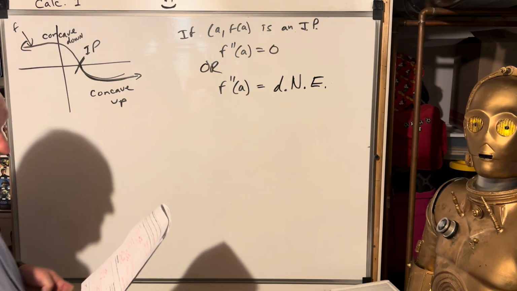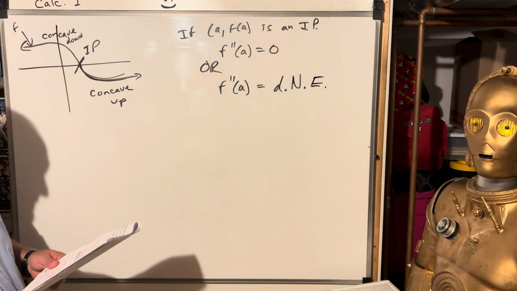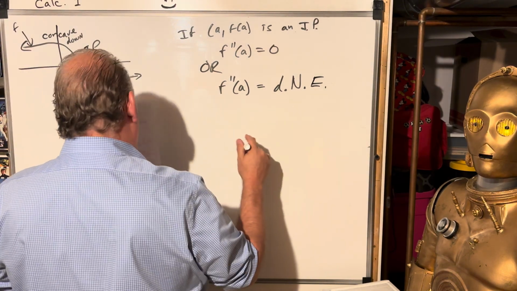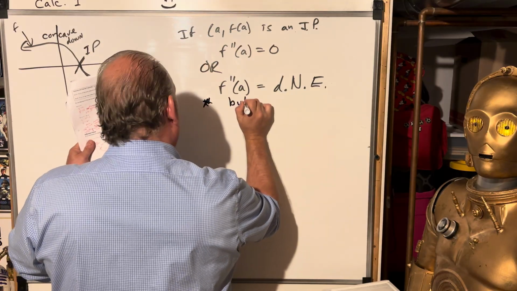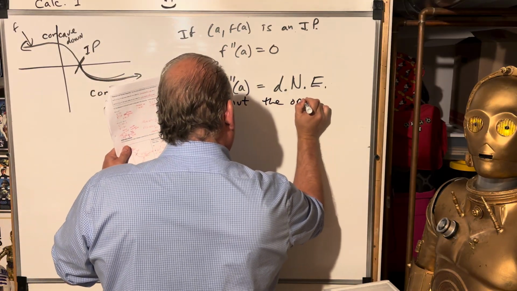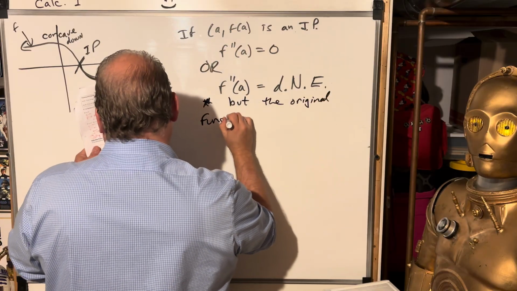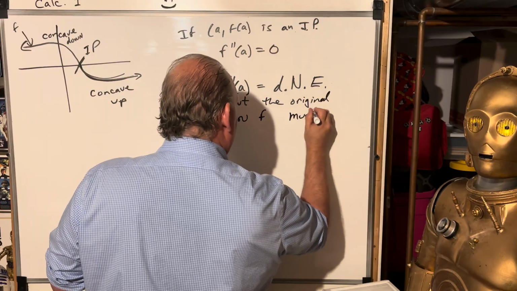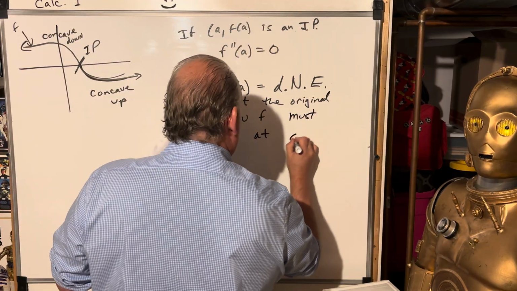That could also happen. But the original function f must exist at a, so it cannot be an asymptote. It's got to exist. Must exist at a.